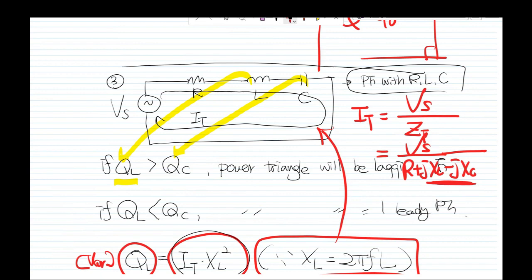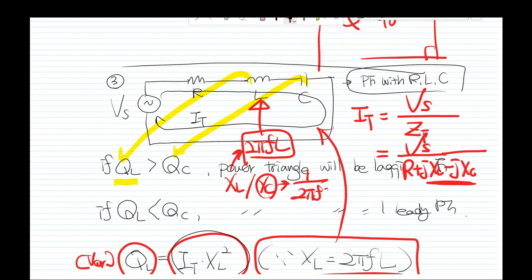And then to find X sub L and X sub C, you have to find 2 pi FL right there. And X sub C is 1 over 2 pi FC. Right, this one. Okay, does this make sense? Will you follow with me?